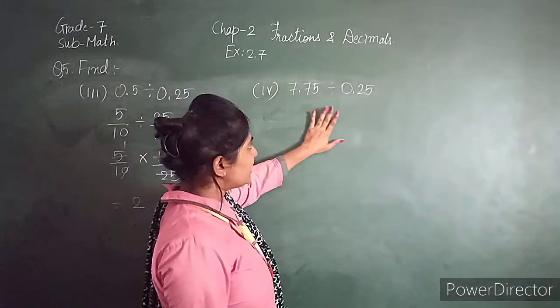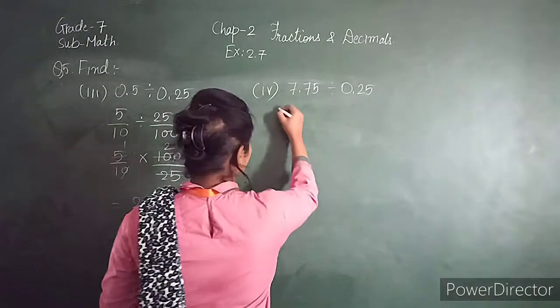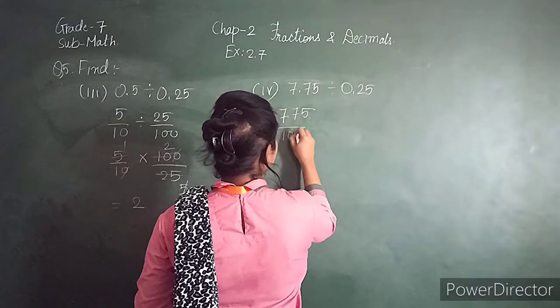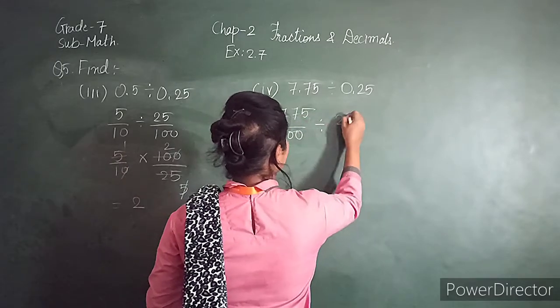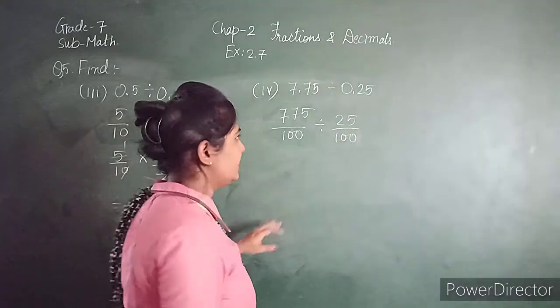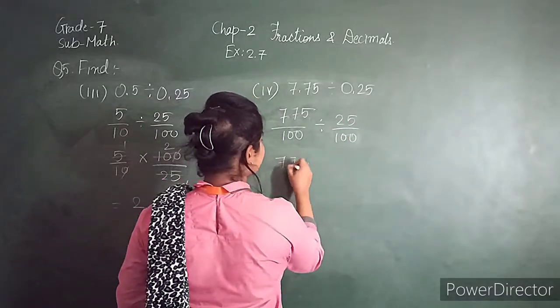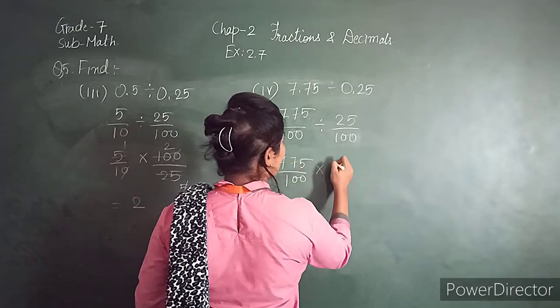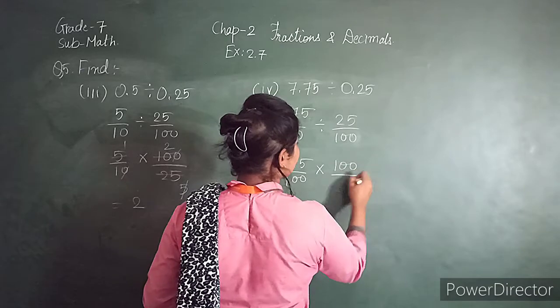Then 7.75 divided by 0.25. After the point 2 digits are there, so we have to write 100 in the denominator. Divided by, here also after the point 2 digits are there, so we write 100 in the denominator. Then 775 upon 100, multiply by the reciprocal of this number.